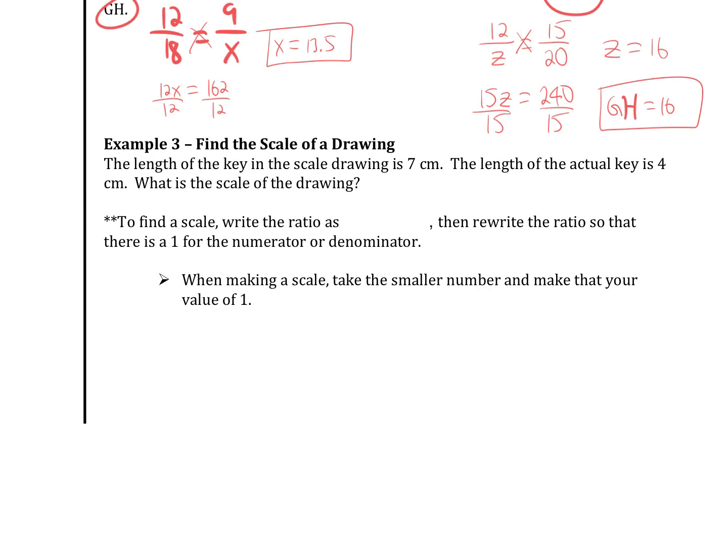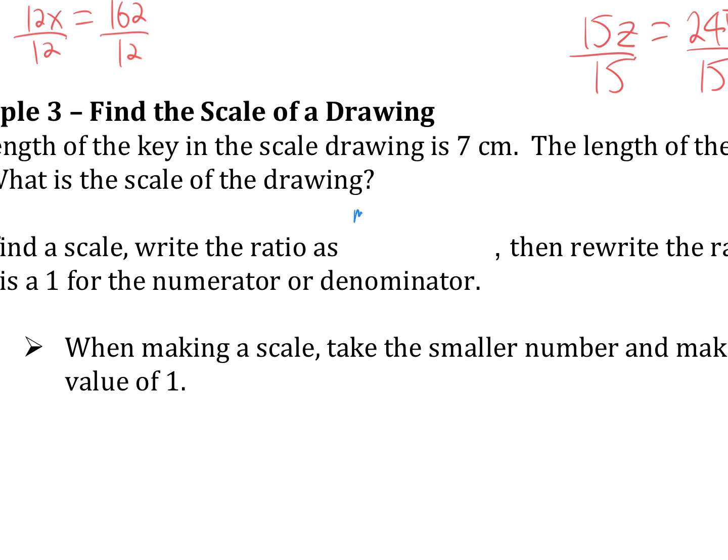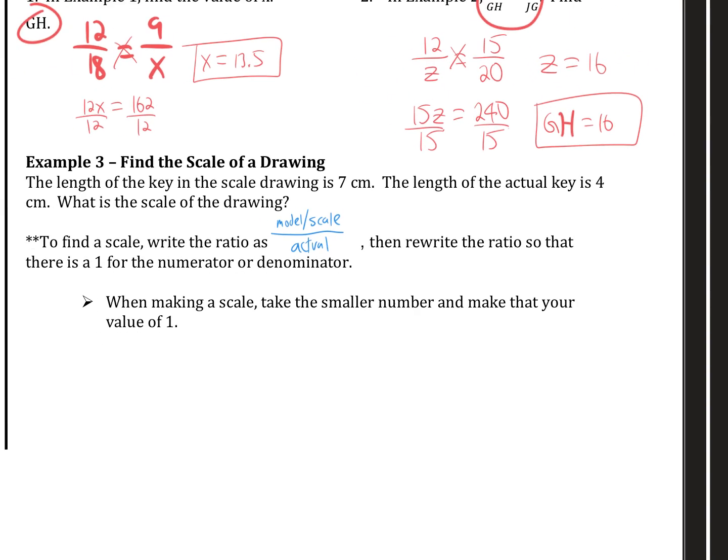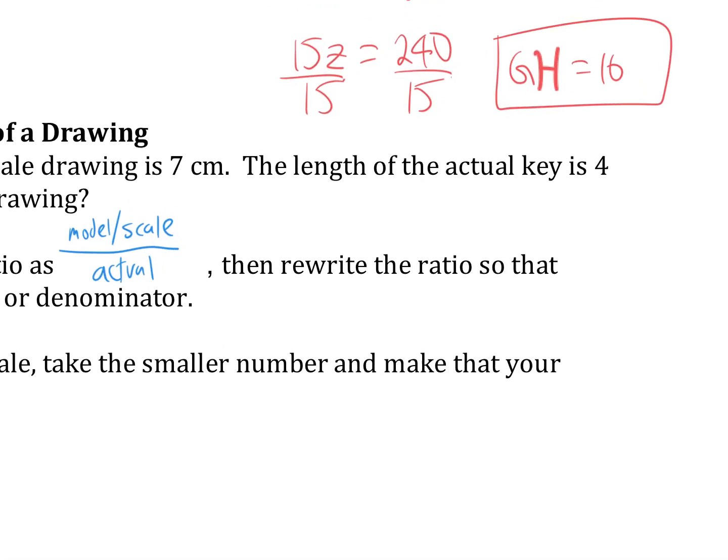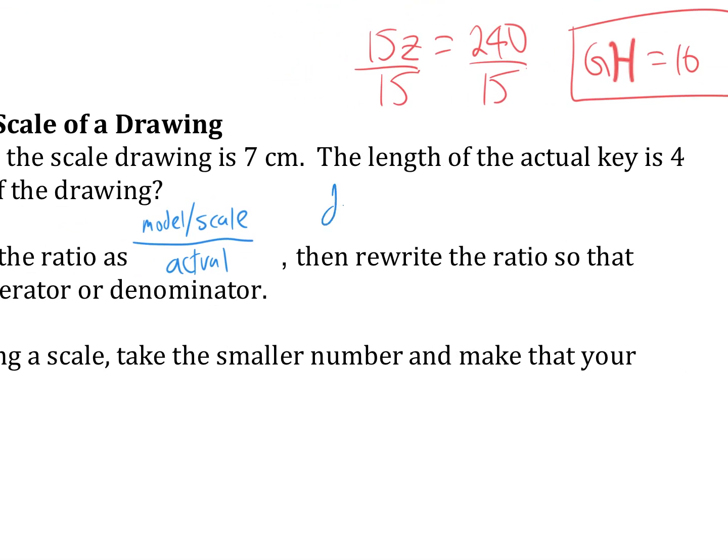What I like to do is put the model or the scale over the actual size, and then rewrite the ratio so that it has a 1 as a numerator or denominator. What we want to do is divide both by the smaller number. You'll see what I mean in a second.